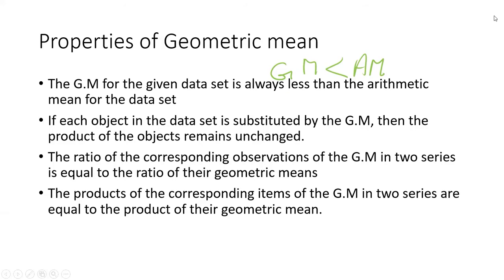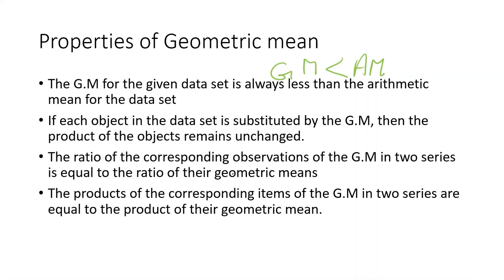Then the ratio of the corresponding observations of the geometric mean of two series is equal to the ratio of the two geometric means. Whenever we take the ratio of two corresponding observations in geometric mean, it will be equal to the ratio of their geometric means.